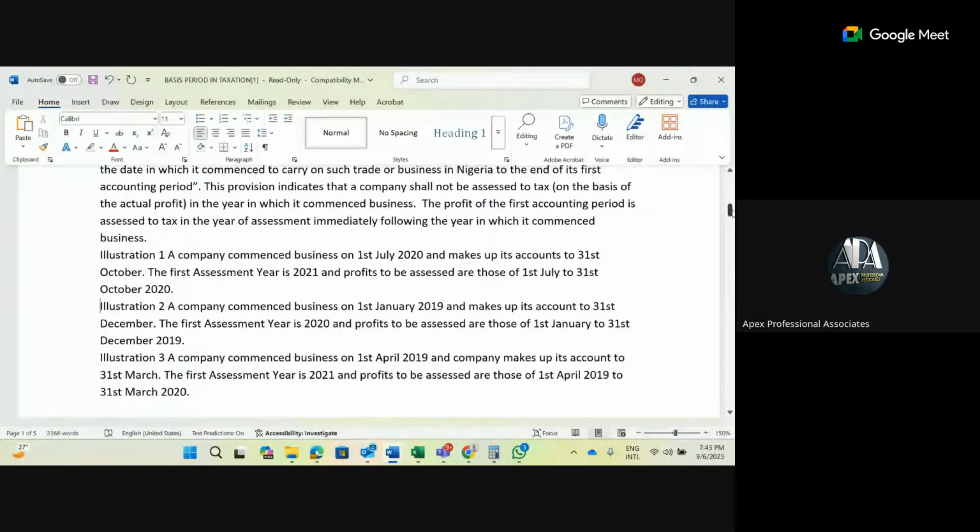If the year of assessment falls below 2020, for example the company commenced operation in 2017, you make use of the old law. But I don't expect ICAN to give you a question on the old law. Sincerely, I don't expect ICAN to give you a question on the old law.